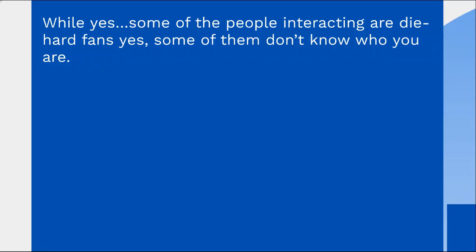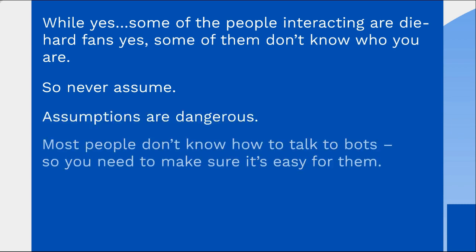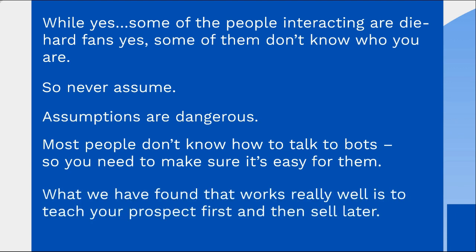So you never ever want to assume that they know you. Assumptions are very dangerous. Most people don't know how to talk to bots, so you need to make sure that it's going to be easy for them and that it's relatable, and that if they are unaware of you, then you gain their trust. It's better to go overboard and give them a lot of really good information and gain their trust than not do that at all and assume that they already know you.